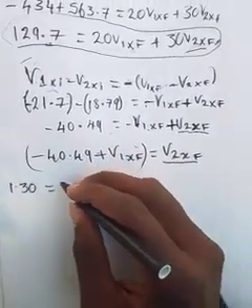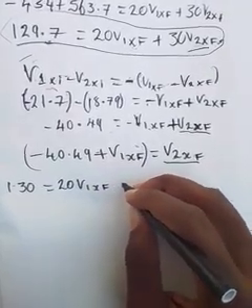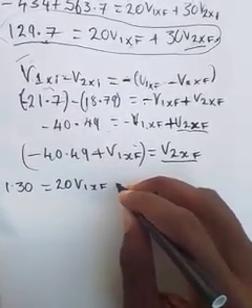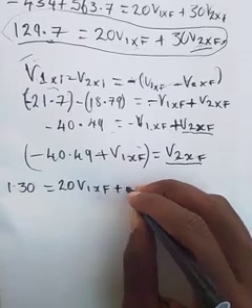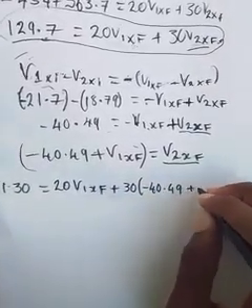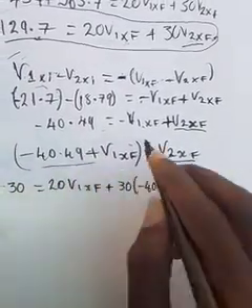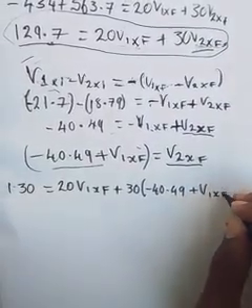So let's go with 20 V1xf, and we are substituting it here, right? So we say plus 30 times negative 40.49 plus V1xf. I've just substituted this one.